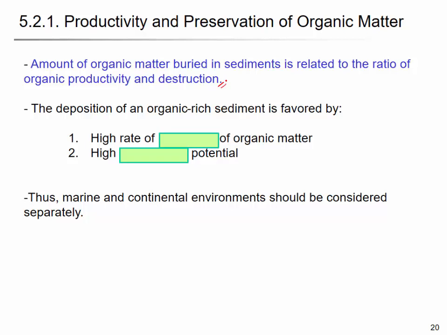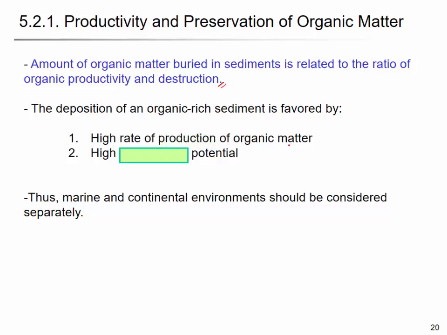You have organic matter coming from the stream, from the inland, and they will die and they can bury. And so the rate of the burial is the function of the sedimentation rate, and organic productivity also related to it. So the deposition of the organic rich sediment is favored by high rate of the production of the organic matter.